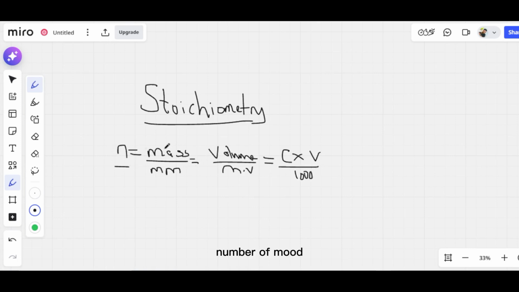Another formula for number of moles that you must know is number of particles over Avogadro's constant.